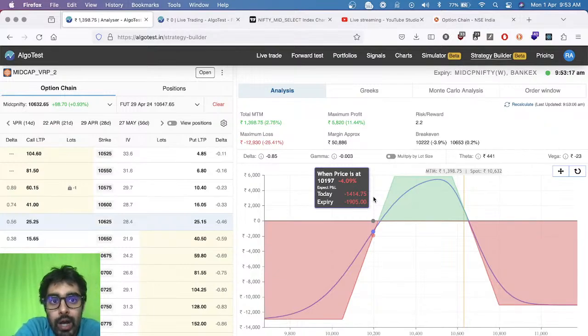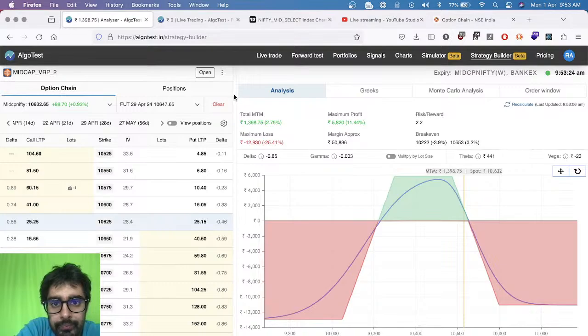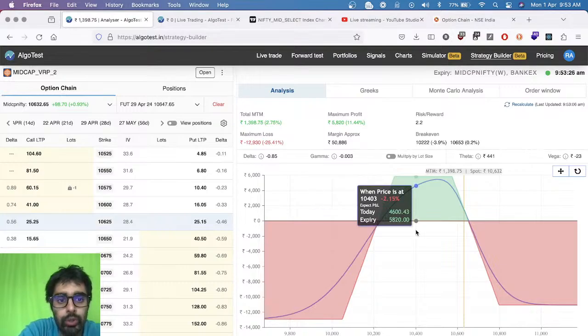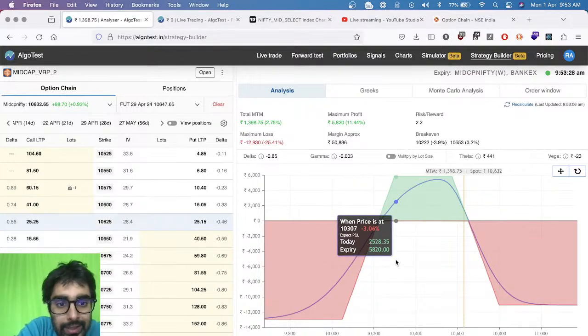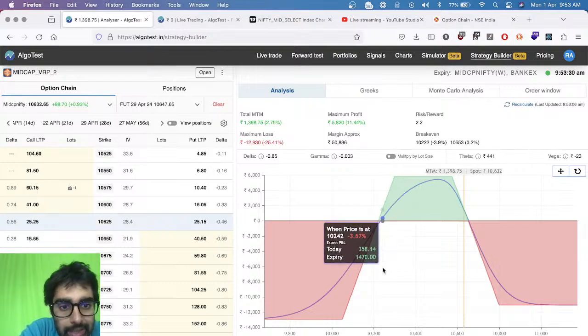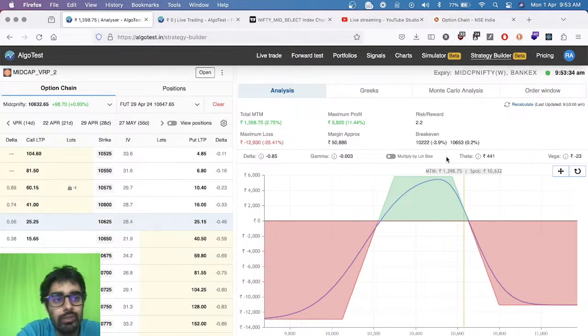For us, the most basic explanation, if you're just looking at prices, is that I'm going to make money if mid cap stays between this particular break even range.